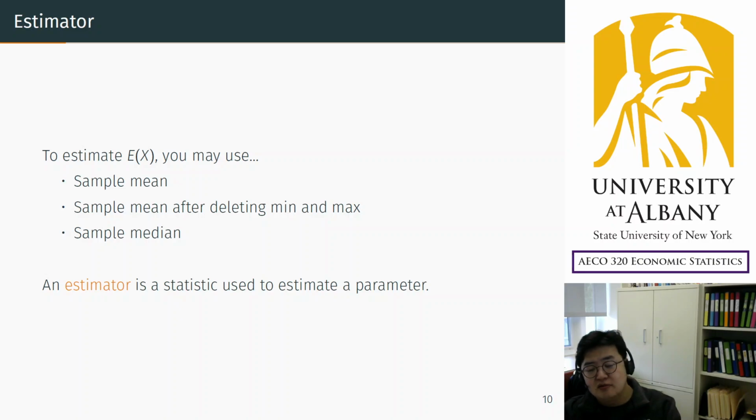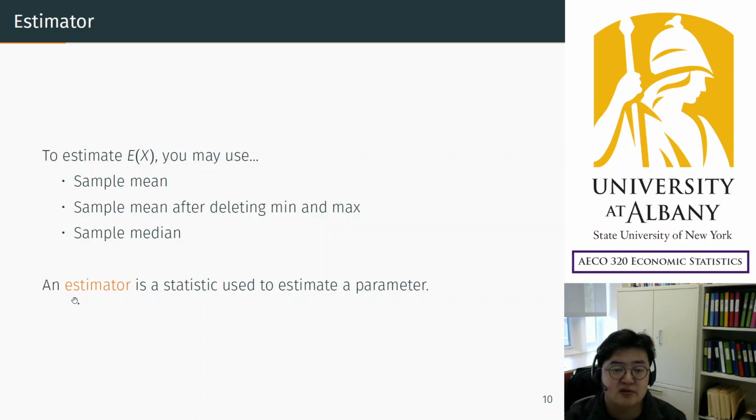And then what is the best, or how can we tell one estimator is better than another? As I said, first we are going to think about the requirement for an estimator, and second, we would like to think about the desirable properties of an estimator, or a good estimator. Okay, so that's our main theme here.